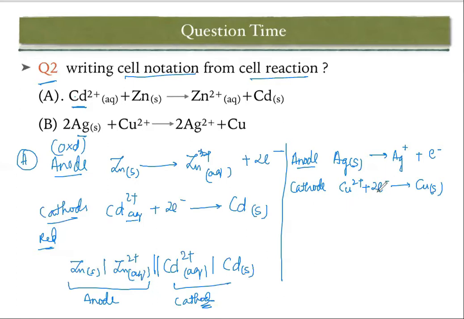Now we are not going to balance the chemical reactions, as we are just concerned about the anode and cathode. So write the cell notation: Ag solid form, single line, Ag+ aqueous, double line, copper 2+ aqueous, single line, copper solid.